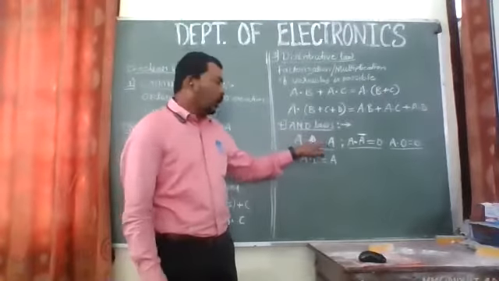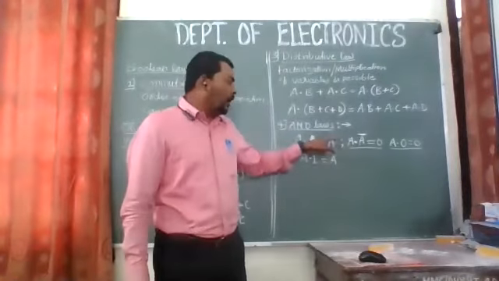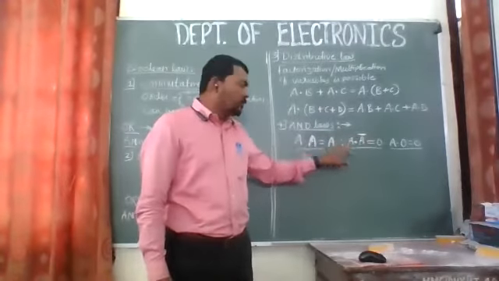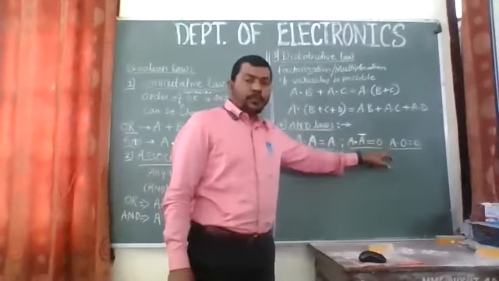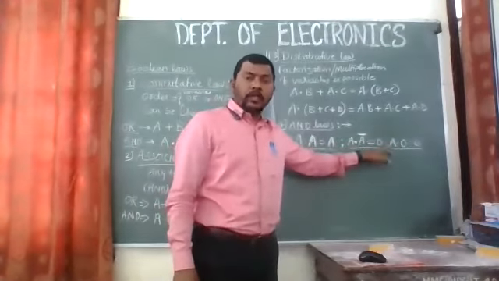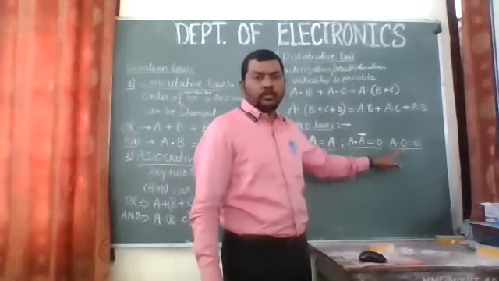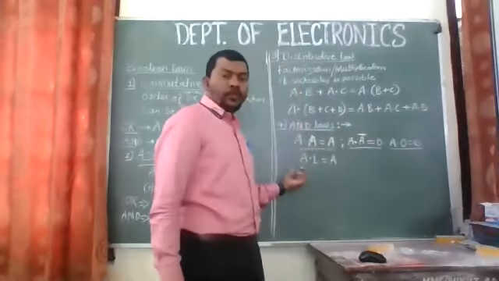So if you AND the same variable, the output will be the same variable. A dot A is equal to A. And if you multiply the complement of that variable, A dot A complement is equal to 0. If you AND a variable with 0, the output is 0. So if any of the inputs is 0, the ANDing operation will give you 0.